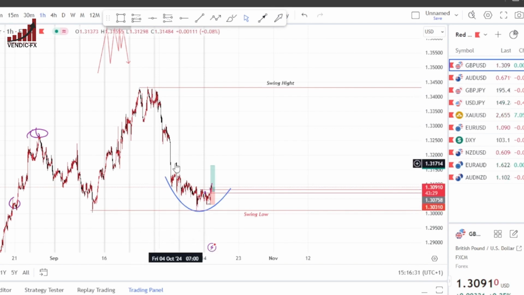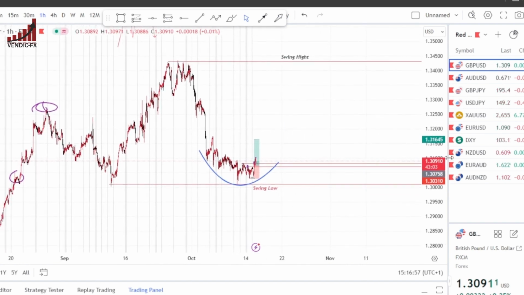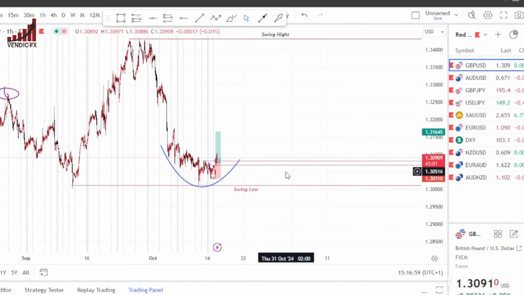So we retrace in to a discount rate. In the course of the trade, we'll get to know the difference between premium and discount in trading. Currently we are in a discount region, so we're supposed to have an impulsive move. And mind you, this is trading, the market is always right. We might decide to break.